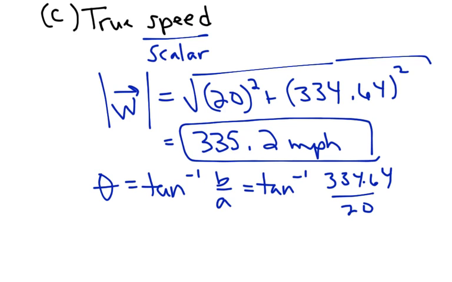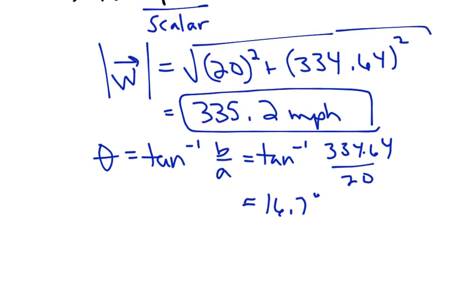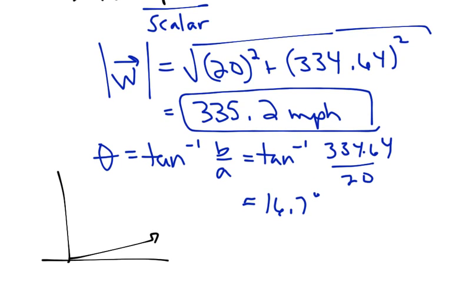And that's going to tell me the answer is approximately 16.7 degrees, this way. But we need to know this if we want to give the navigational heading. All you have to do is subtract 16.7 from 90, and you get 86.6. So really it's heading north 86.6 degrees east.